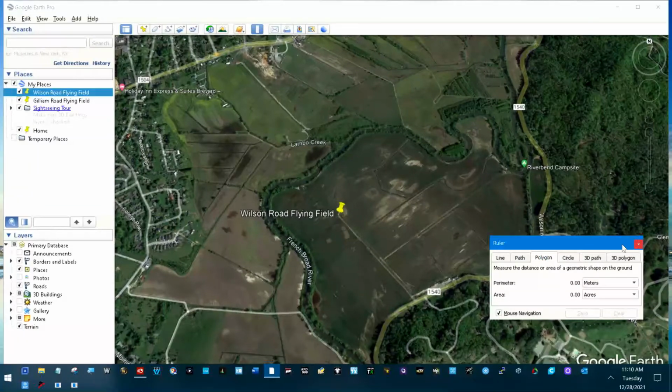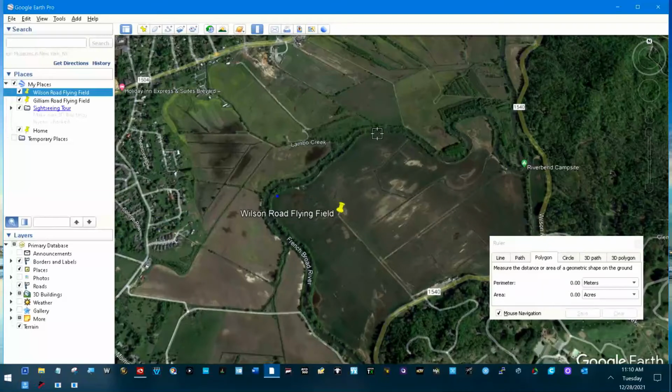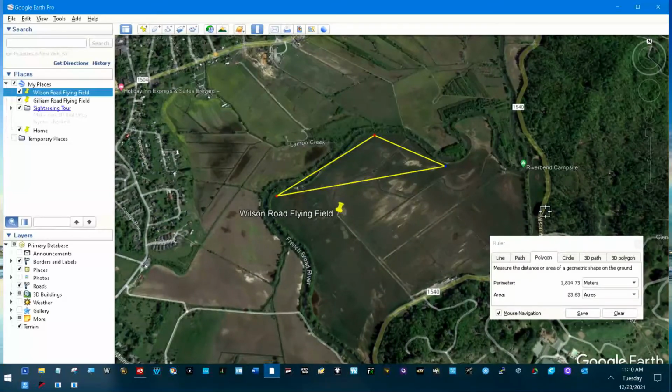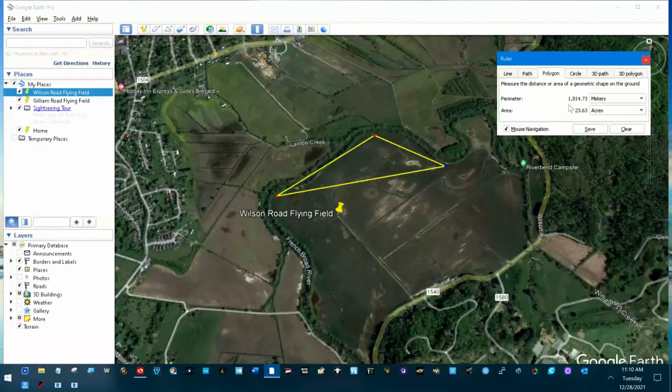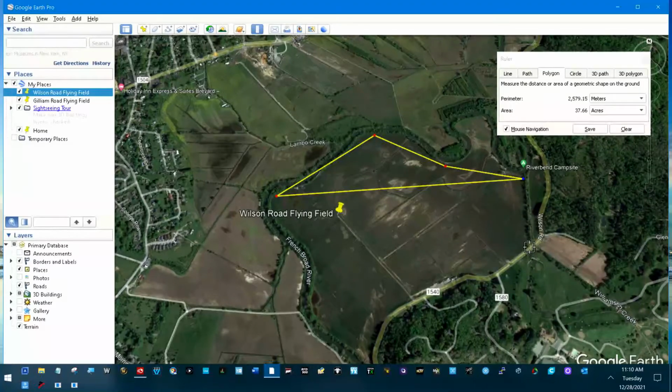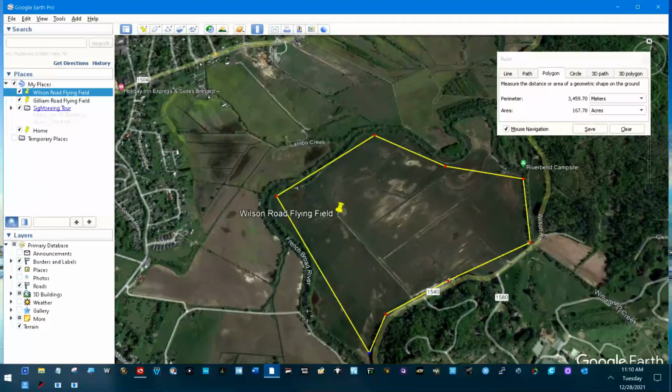This particular field right here, we just map it out roughly, real quick. I don't know that I should be flying this close to the road or to their storage building, but again, this is a rough mapping. That's 172 acres.